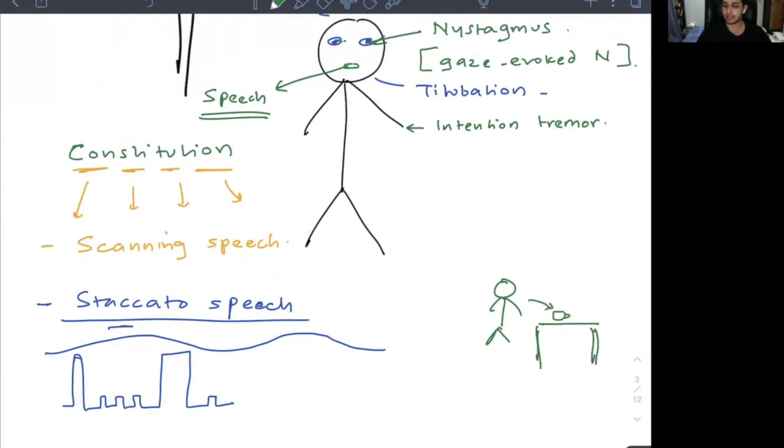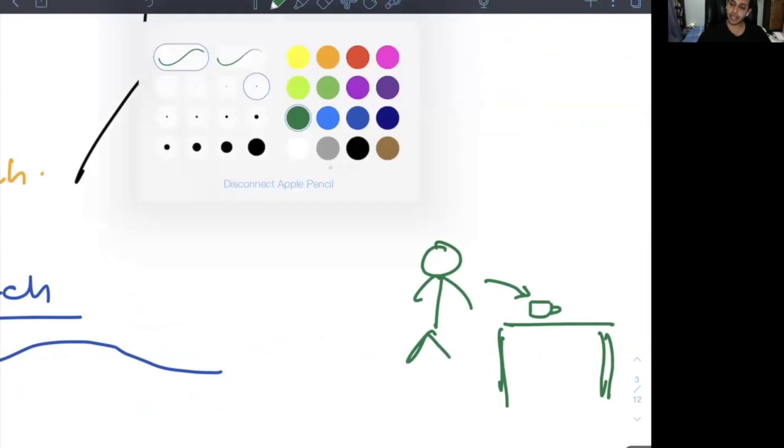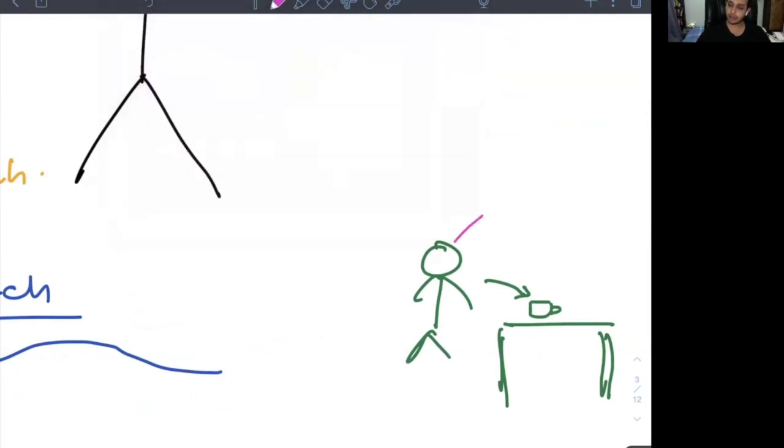What will happen is your brain is trying to calculate the distance between you and the cup, the angle to which your arm should be raised, and the force and speed with which your arm should approach the cup.